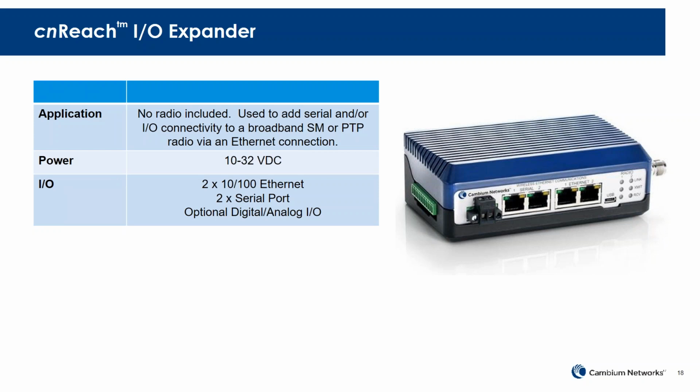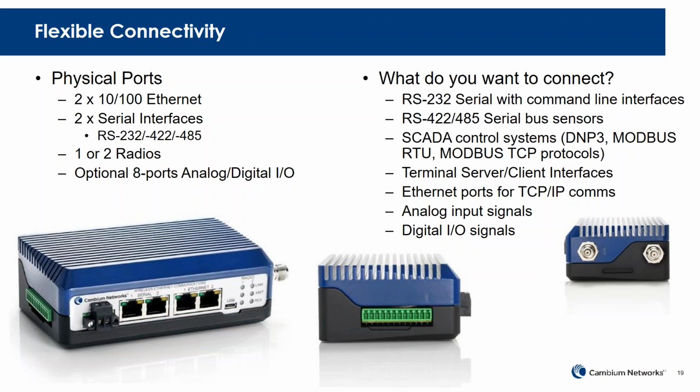So I can connect one of the Ethernet ports to the Ethernet port on a subscriber module in a PMP 450i system, for example. And then I've now broken out to that. I still keep the Ethernet port with the second port on the cnReach I/O expander. And then I have 2 serial ports and general purpose I/O. So lots of connectivity that I can bring out to that remote area.